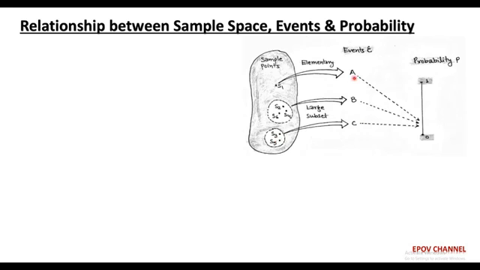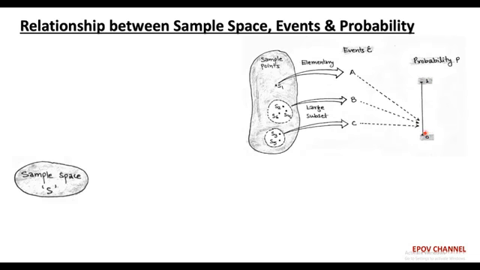So here we observe a relationship between sample space and event. The sample space is mapped to a number of events that depend on the event statement, and corresponding to these events we find the probability, whose values are assigned between 0 and 1.